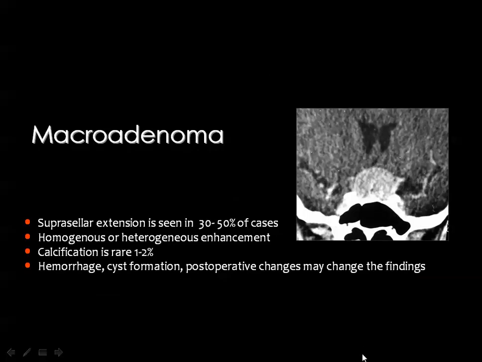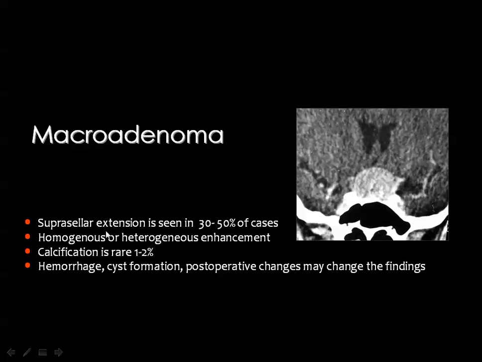And then we came to the macroadenoma, which is a large lesion more than 1 centimeter in diameter, occupying the pituitary fossa, and many times it extends in the suprasellar area, affecting the suprasellar structures.